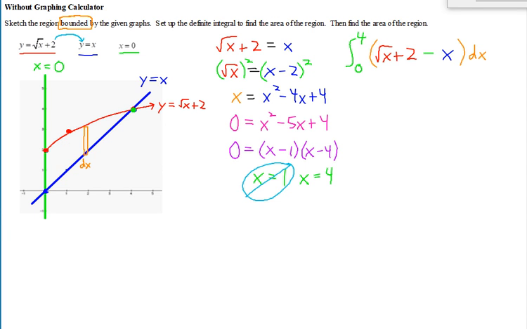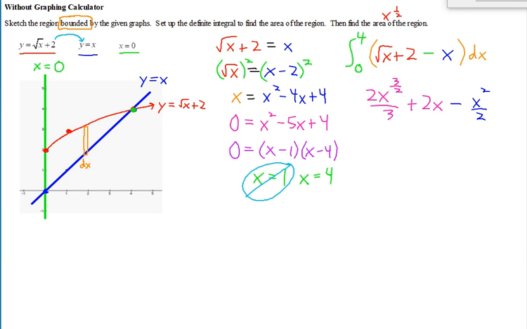So the square root of x, to integrate that, remember that's the same as x to the 1/2. So when you integrate it, it becomes x to the 3/2 times 2/3. Plus when you integrate 2, you get 2x. And then minus, when you integrate x, you get x squared over 2.